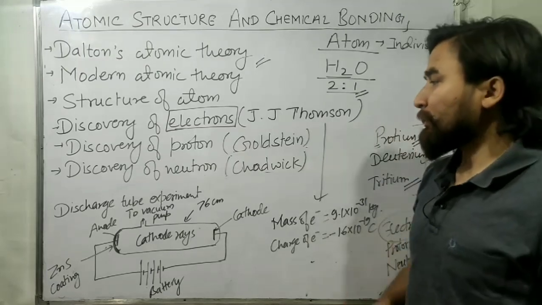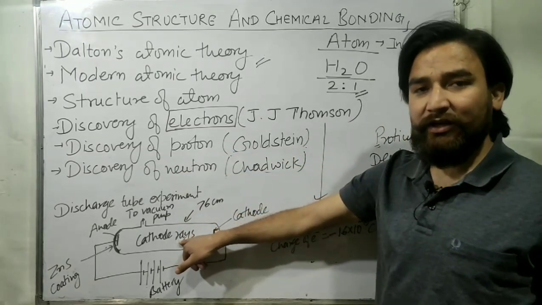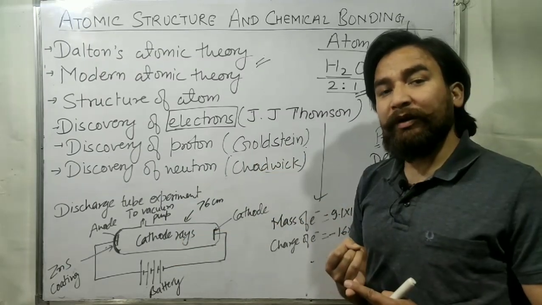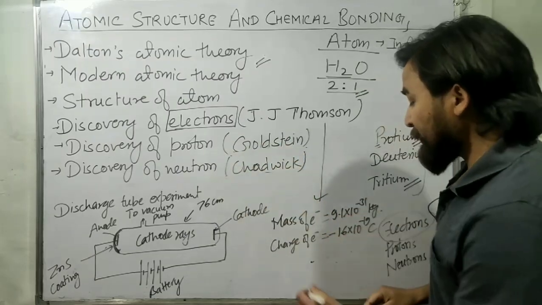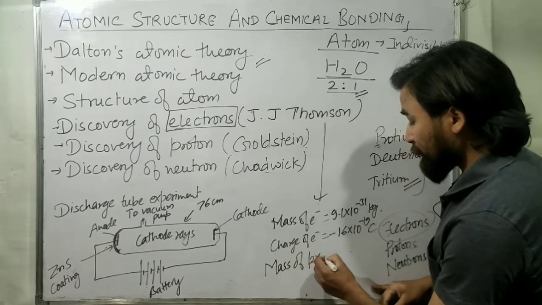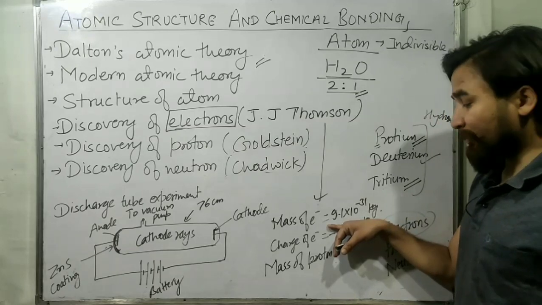Later, the proton was discovered by the same experiment, that is discharge tube experiment, by Goldstein. So what do we have to remember about proton? That proton was discovered by Goldstein. Mass of proton is very high as compared to mass of electron.